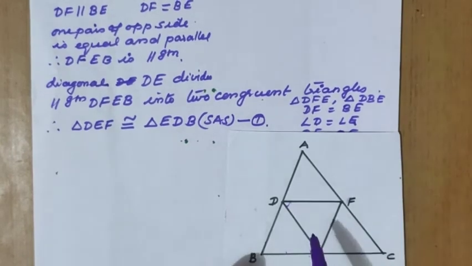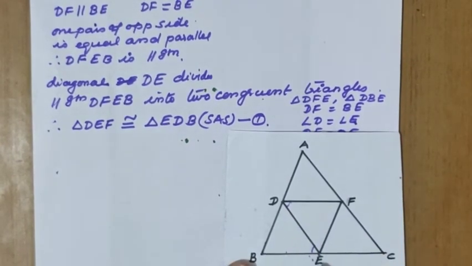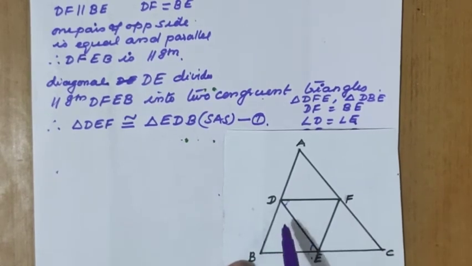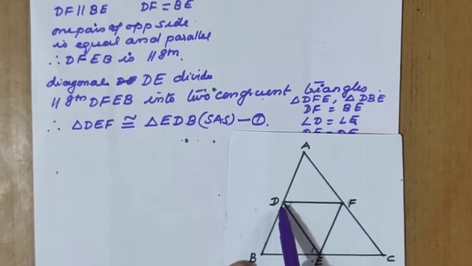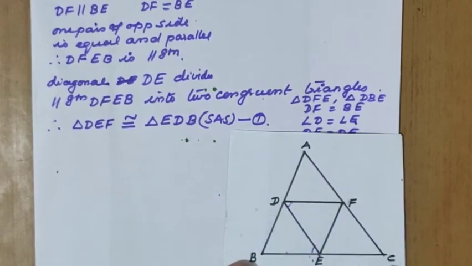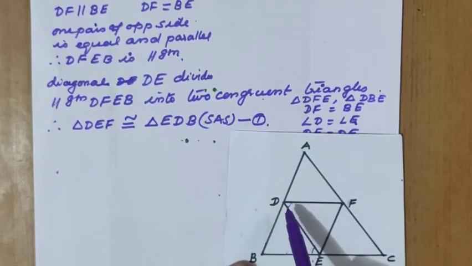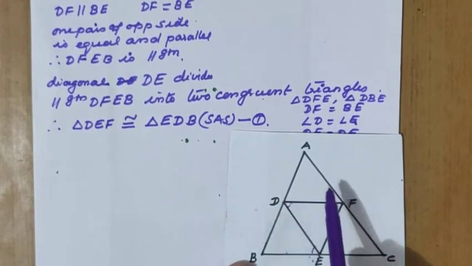Similarly, we can prove DFCE is a parallelogram and DEFA is also a parallelogram. That means the one vertex, first we have taken B as a vertex. DFEB we have proved, right? Now similarly we can write DFCE. With the C we have to form another parallelogram, DFCE, and what is another one? DEFA.